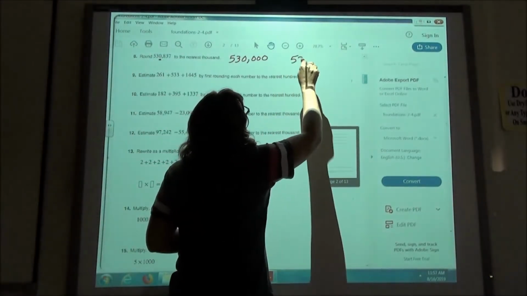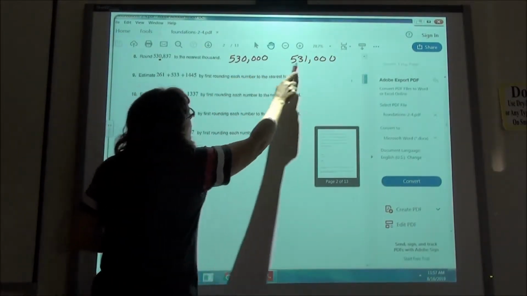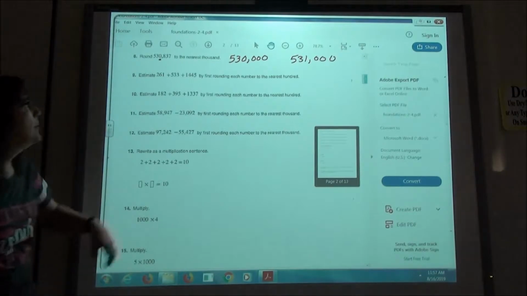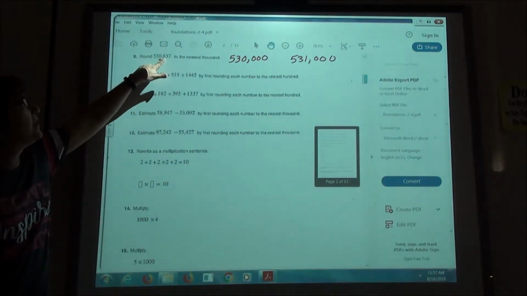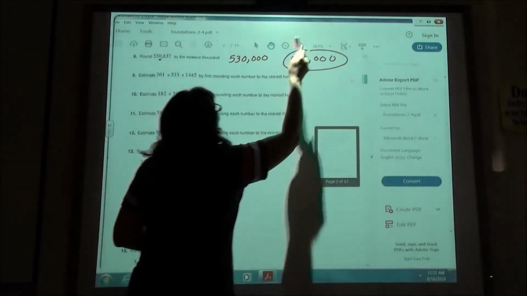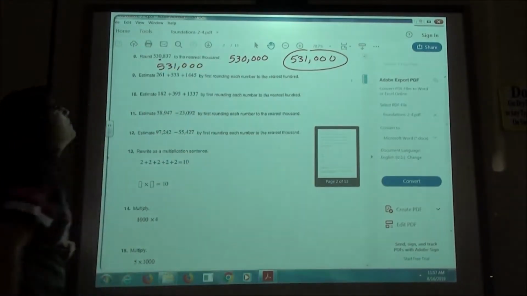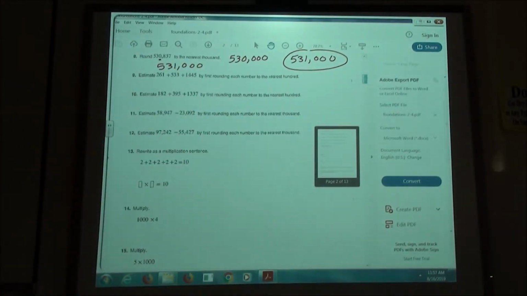So 5,031, right? Do I leave that a 0 or do I round it up to a 1? If I look, there's an 8 behind that 0. Since there's an 8 behind the 0, I end up rounding it up. And so 5,031 is what I have when I round that to the nearest 1,000.